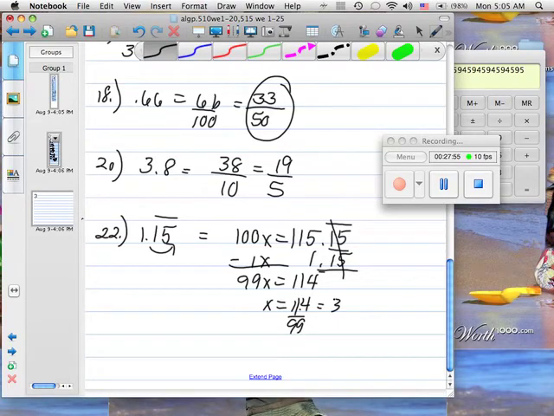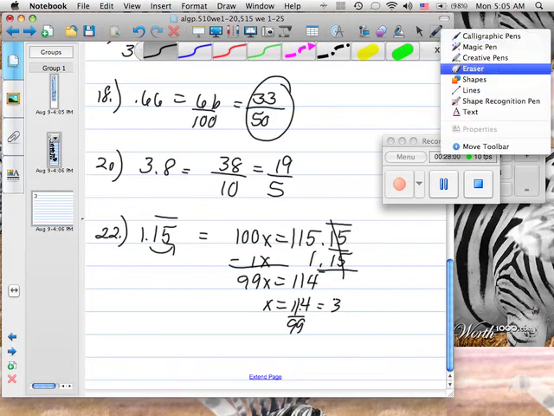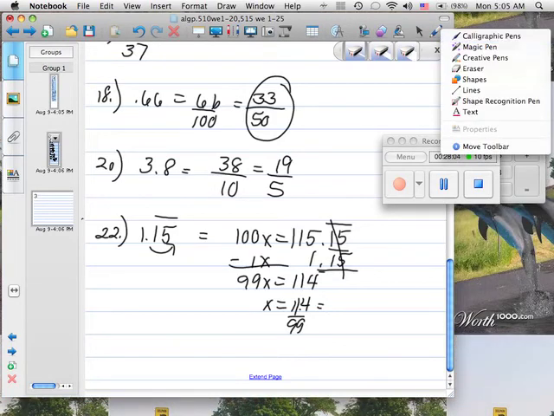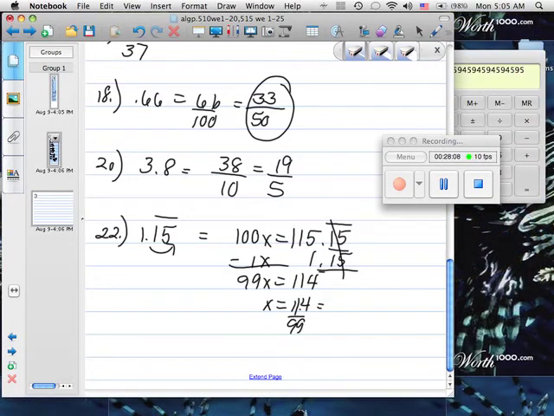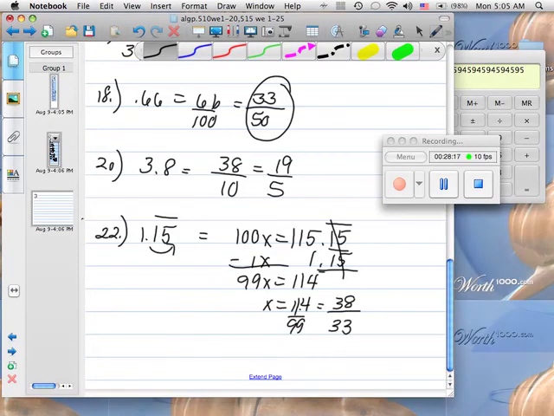And 3 does go in there. 3 goes into 111, 3 times, and 2 left over, and 3 into 24, 8 over 33.